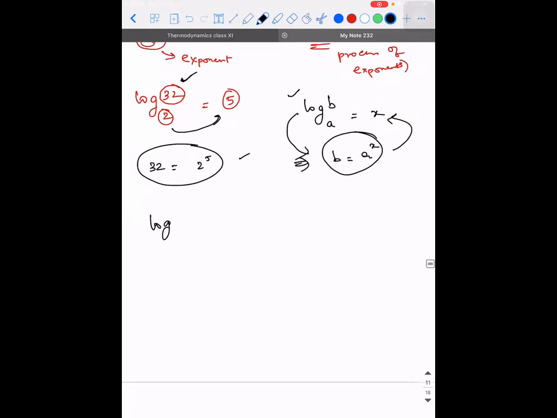So if I give you something like this, log of 3 base e is equal to x, then 3 will be equal to e raised to the power x. So this e is called as base. So if you write logarithm of any number with the base as e, then that kind of a logarithm is what is called as natural logarithm.